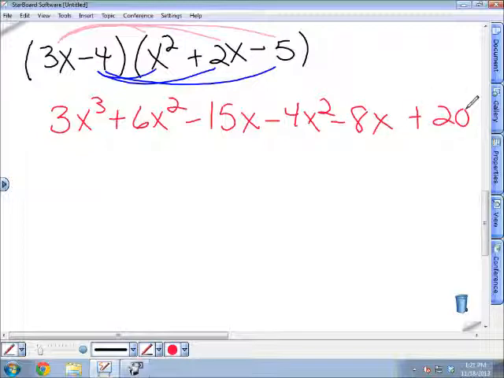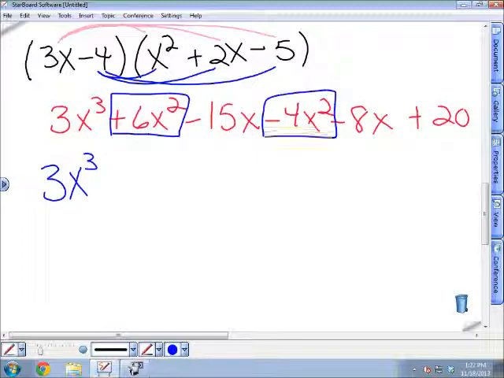And so once you multiply all of your terms, you have to combine anything that's a like term. There's 3x cubed. But notice here I've got two terms that have x squareds in them. When I add 6 and subtract 4, I'll get 2 of my x squareds left.